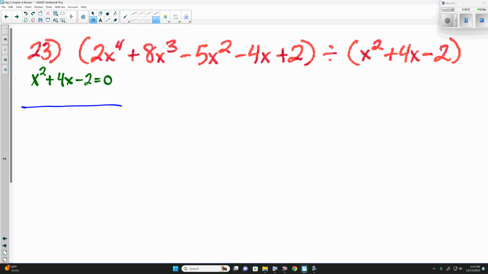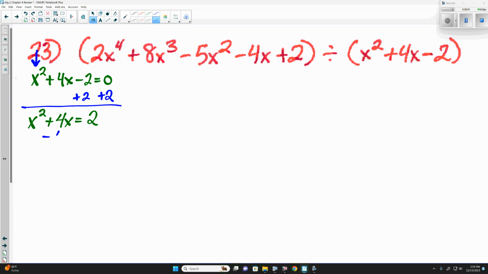Now this here with synthetic division, we're not getting x by itself, we're getting the x squared term. So the first thing we would do is add 2 to both sides, telling us x squared plus 4x is equal to 2.